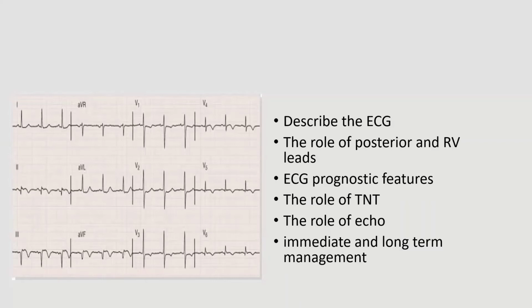What else? Q wave. Q waves are about time more than the extent of damage. And it tells you that you are probably late, but I don't think it imposes a particular prognostic value.